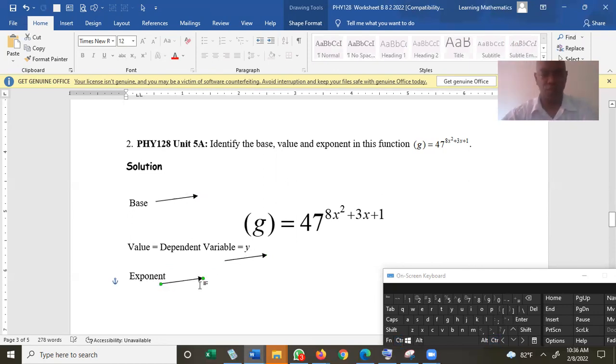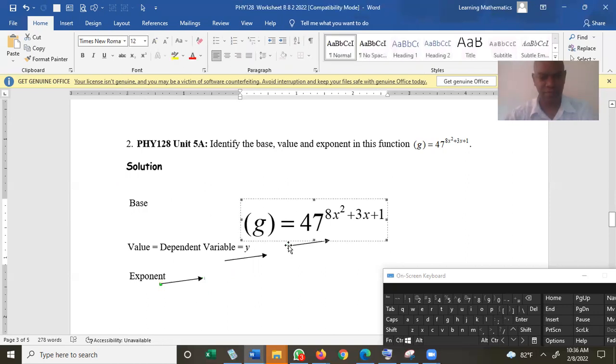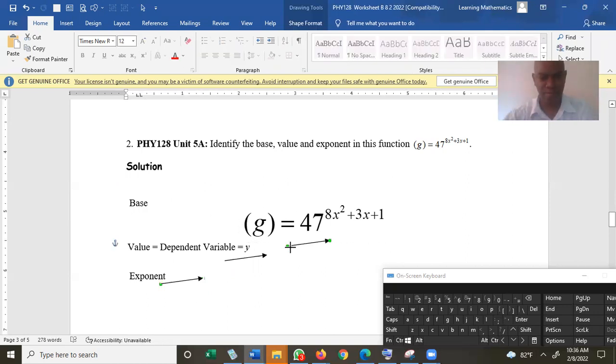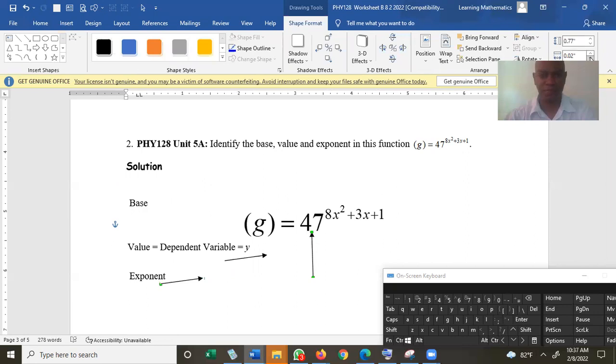So the base, this 47 is the base. The 47 is the base. Please take note of that. 47 is the base.